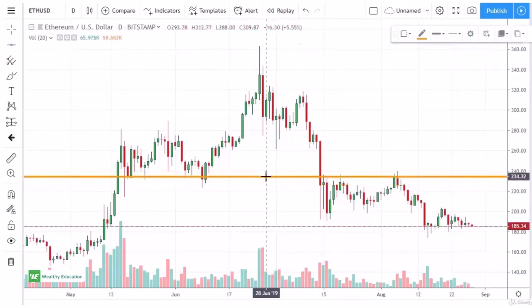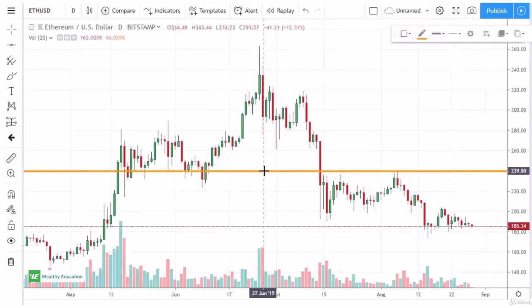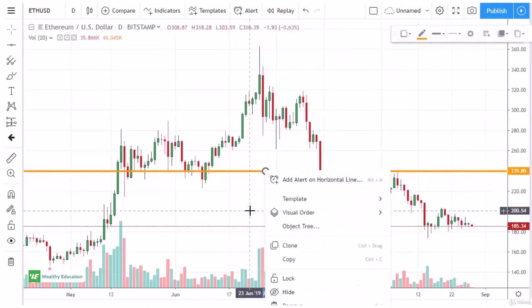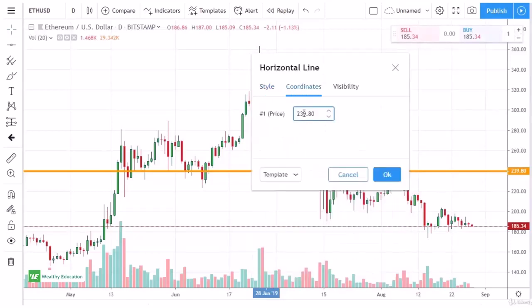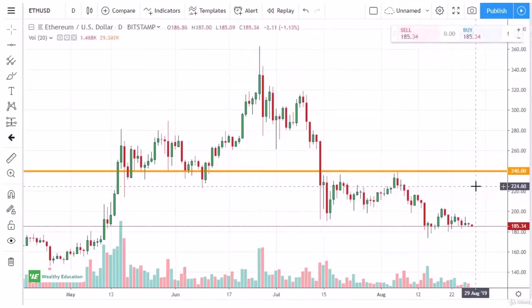You can drag from the oval here, and this brings up something a bit interesting. As you can see, I can right-click this and go down to the settings, the coordinates. I can make it 240 even, and most of the time you will find that price tends to respect these round numbers, like I said.